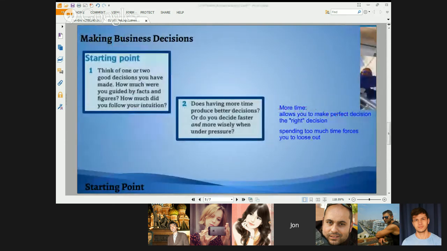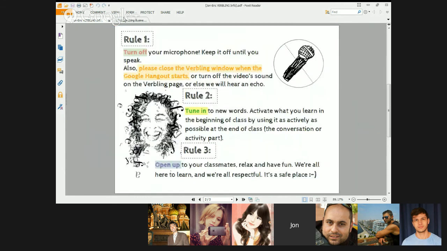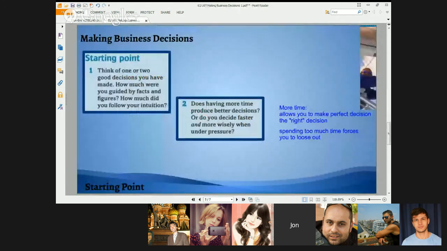Okay, I'd like to connect this back to personality a little bit. So we've got people that make fact and figure decisions. We've got people that make intuitive decisions, what I call gut decisions. That's another really good expression.